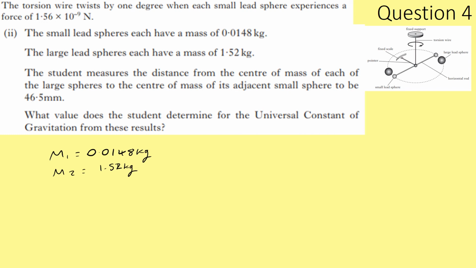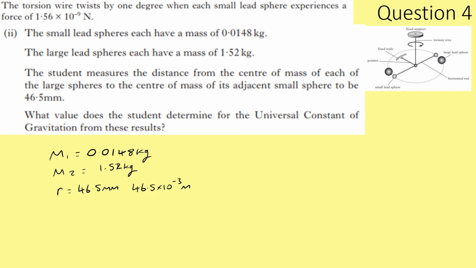The student then measures the distance from the center of the mass of each of the large spheres to be 46.5 millimeters. So that's our radius. R is equal to 46.5 millimeters. We don't like millimeters, so that is 46.5 times 10 to the negative 3 meters.